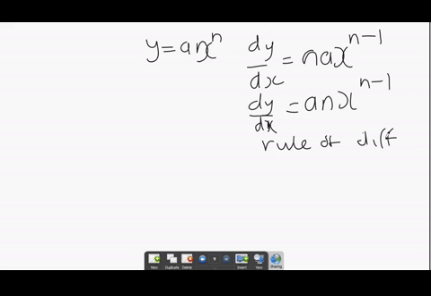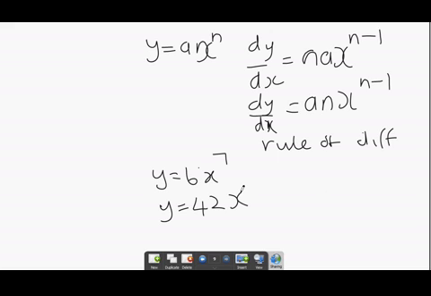So if someone gave me a function y is equal to 6x to the power of 7, I would say, oh, using the rule, my n is 7 and my a is 6. So let us multiply the n and the a. In this case, the 7 and the 6, we would get 42. And then we put our x and then subtract 1 from the exponent, which is 7.